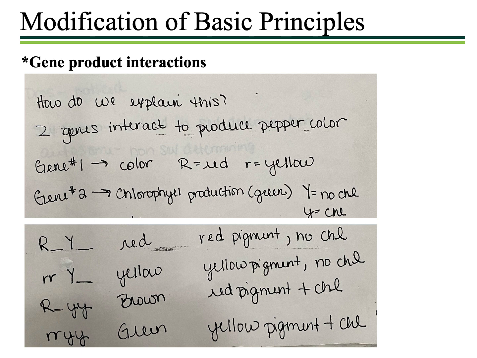So in a situation where the second allele was the dominant, or a situation where the second allele was the recessive, red color would be produced, because red is dominant over yellow.